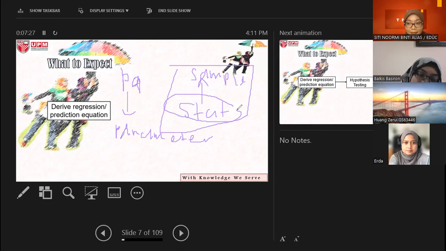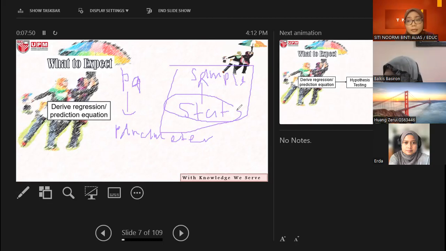That is the main purpose of conducting quantitative study: we want to make generalization from sample to population. So we randomly pick the sample, we cannot conveniently pick it, to avoid bias.